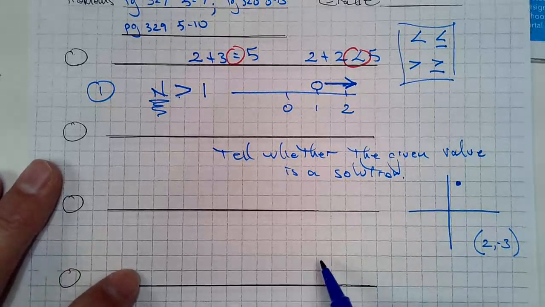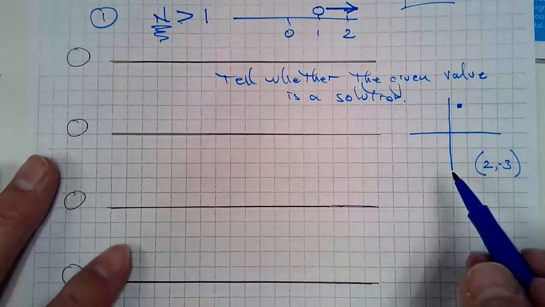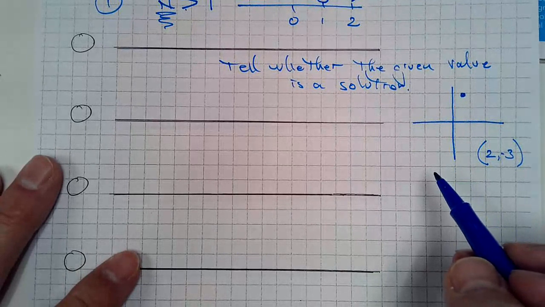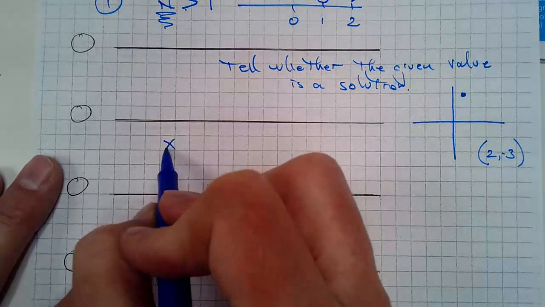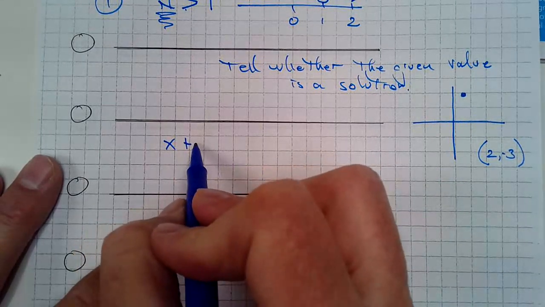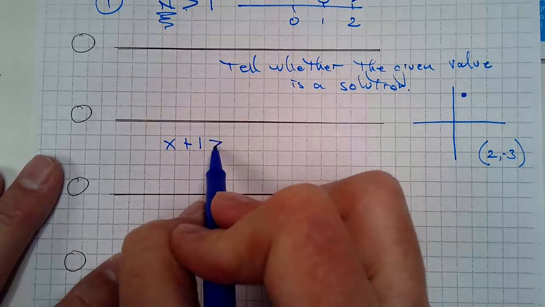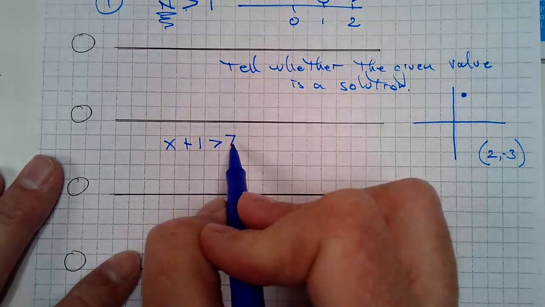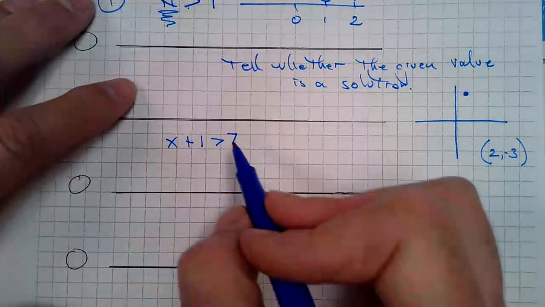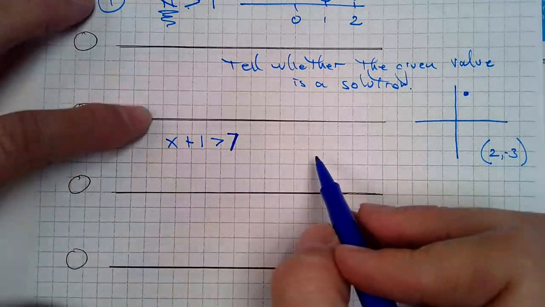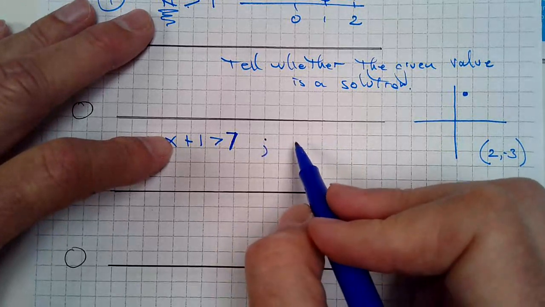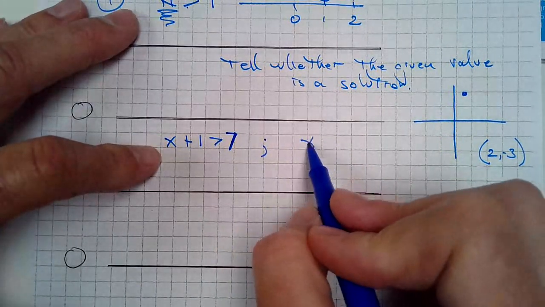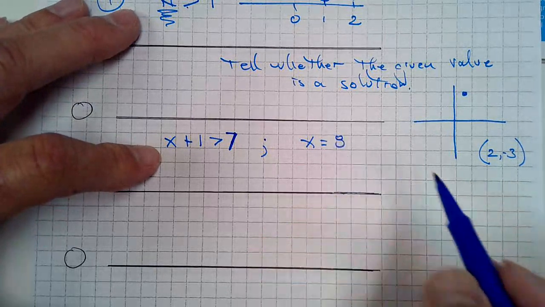So let's look at this one here. If I wrote the inequality x plus 1 is greater than 7, and then they give you a possible solution, x equals 8.